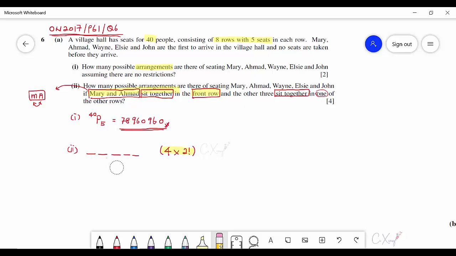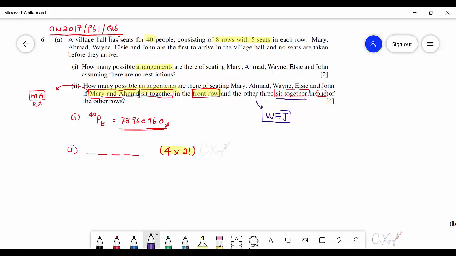Now I want to arrange another 3 friends together. The 3 friends here will be Wayne, Elsie, and also John. Again, sit together means that they cannot be separated. So you have to assume that they are one unit like this. WEJ is one unit, and you want to put them in the same row.